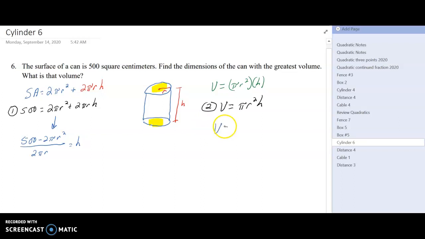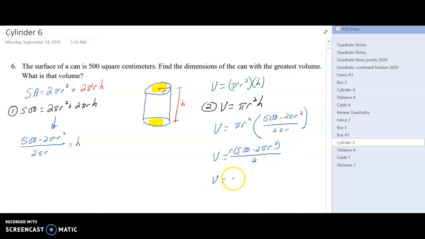The volume is pi r squared times the height, 500 minus 2 pi r squared over 2 pi r. You could reduce the pi's and the r. So you have 500 minus 2 pi r squared times r, all divided by 2.